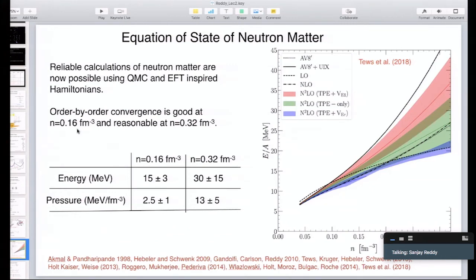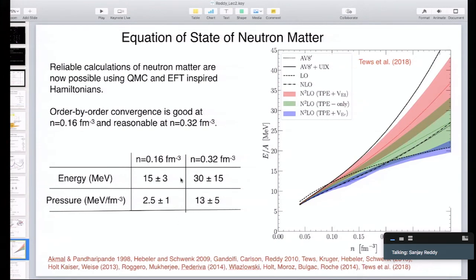So this is the energy per particle of neutron matter as a function of density. At nuclear density, the energy per particle is uncertain by about 3 MeV out of 15 MeV. At twice nuclear density, the uncertainty is much larger, about 15 MeV with a central value of 30. The pressure can also be calculated.